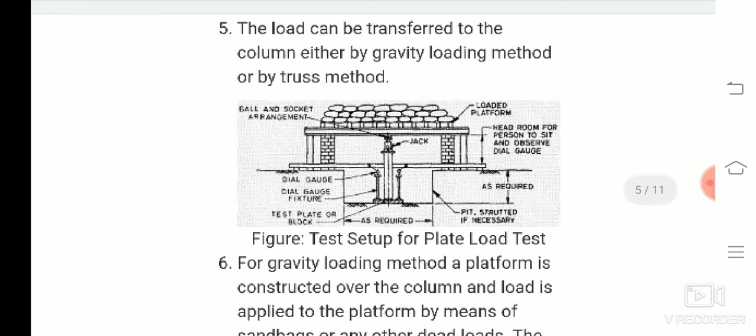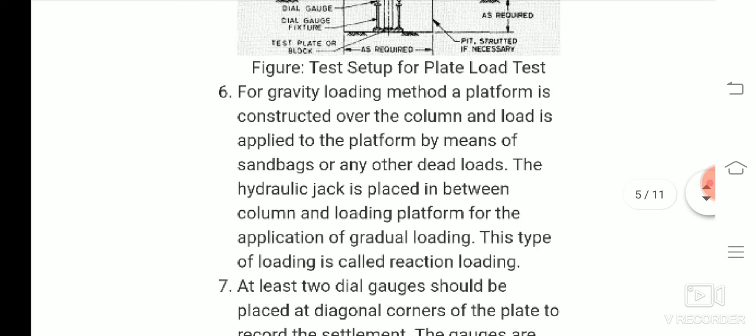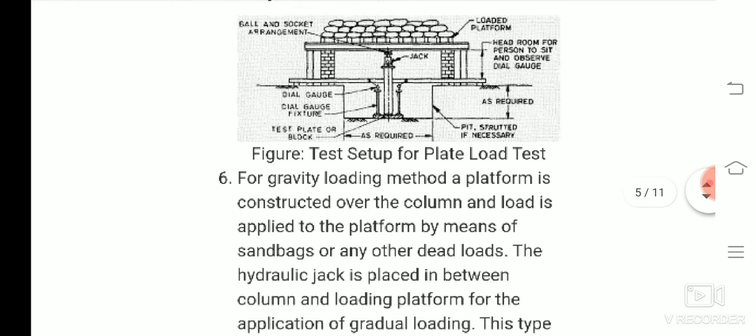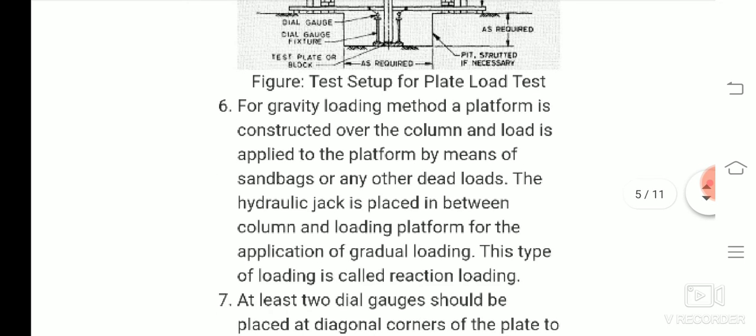This load will be transferred to the column either by the gravity loading method or by the thrust method. For the gravity loading method, a platform will be constructed over the column and the load will be applied to the platform by means of sandbags, as you can see in the figure, or any other kind of dead load can be used.